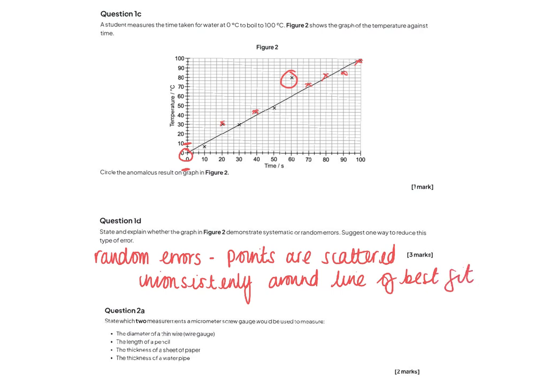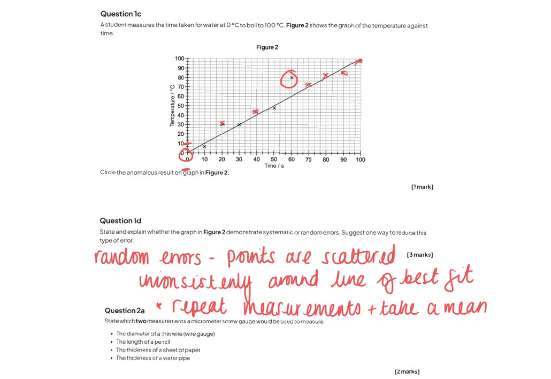And it also says suggest one way to reduce this. So we'll say repeat our measurements and take a mean. That would reduce the likelihood of random errors.